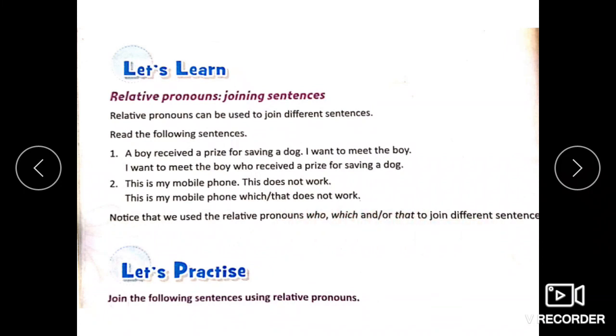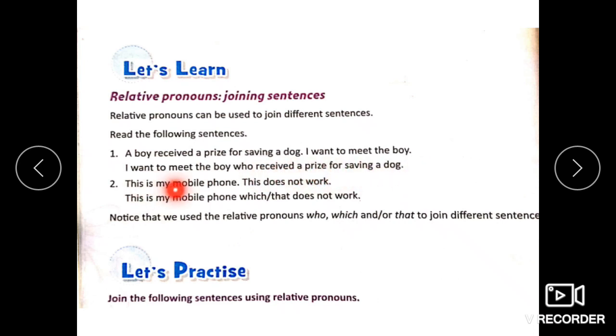Here in these sentences you find examples with these relative pronouns, but definitely other relative pronouns that we have discussed earlier are also used to join sentences. Let us read these examples. A boy received a prize for saving a dog. I want to meet the boy. If we join these two sentences with a relative pronoun, it would be: I want to meet the boy who received a prize for saving a dog.